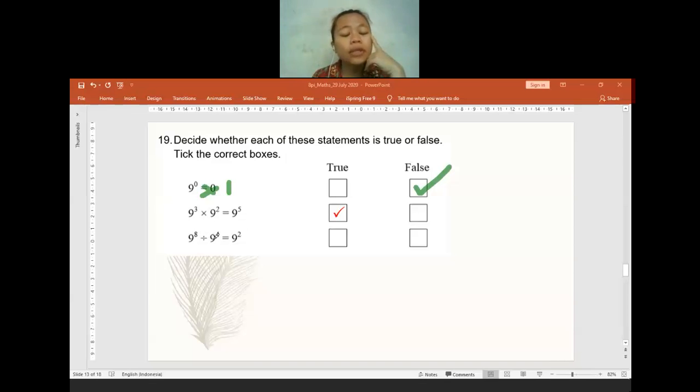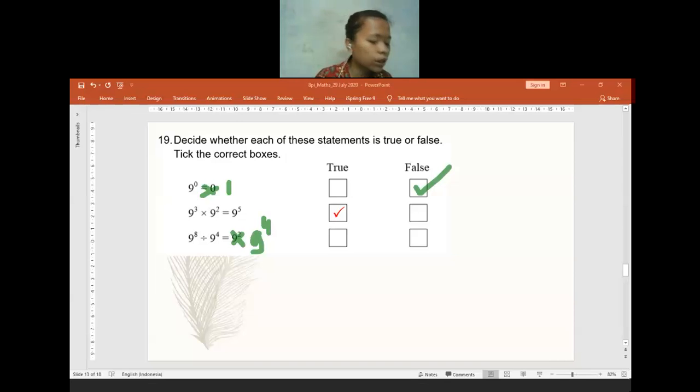When it is division using indices, we can directly subtract the power. 8 minus 4 is equal to 4, not equal to 2. So the correct answer is 9 to the power of 4. Is there anyone who has confusion here? No? Okay.